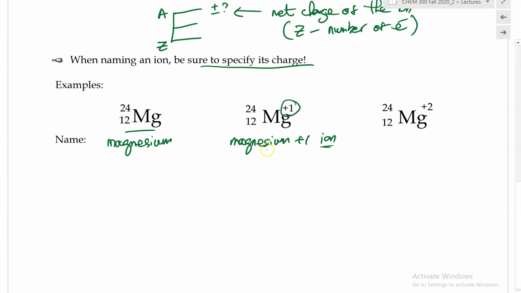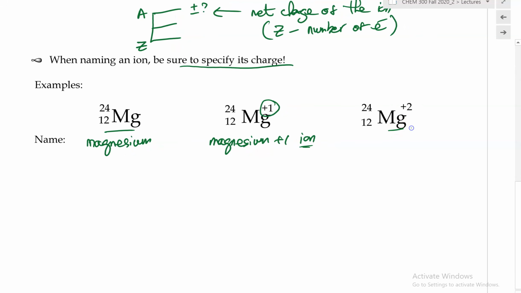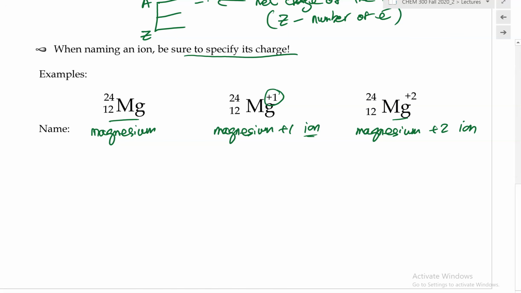So we can write magnesium plus 1 ion or magnesium plus 1 cation. Either way would work. And similarly, the name of this ion right here would be magnesium plus 2 ion or cation.